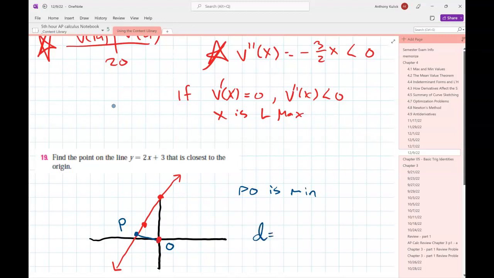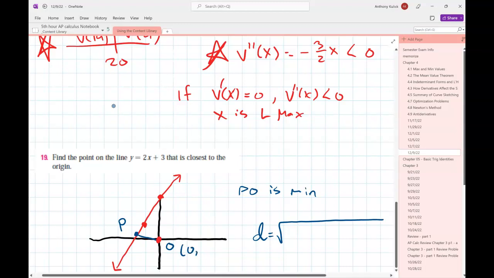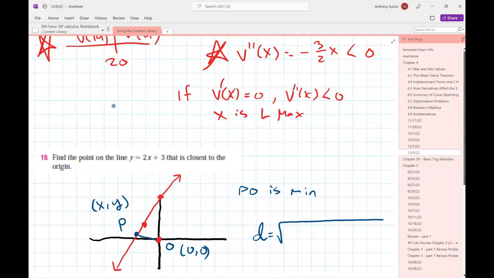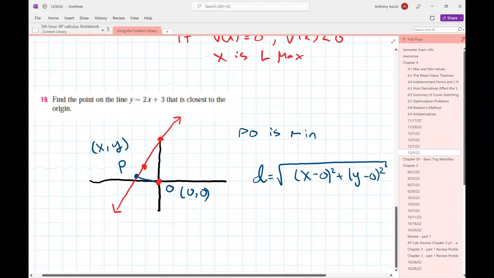That distance I can calculate using the distance formula. So this is just going to be the square root of x minus 0 squared plus y minus 0 squared. Now, what's the problem with what I've written here?